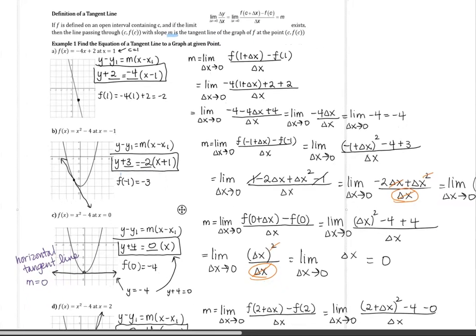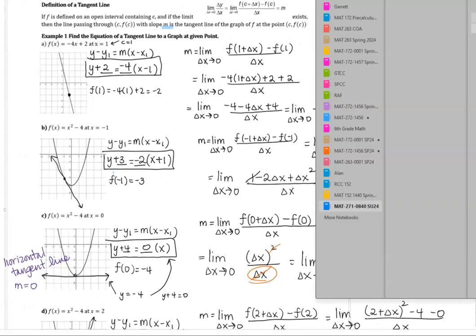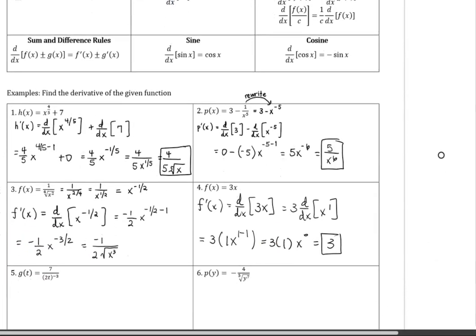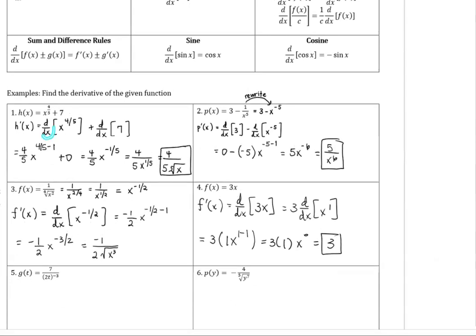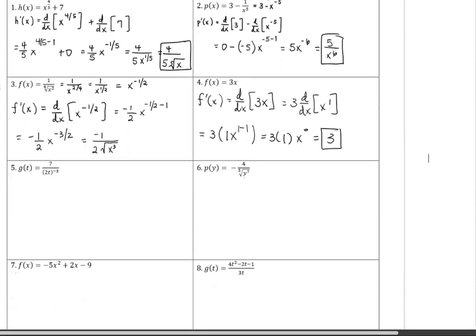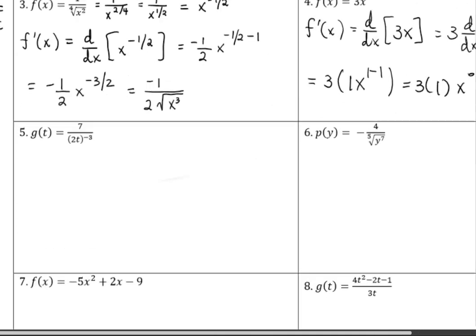That's how we were calculating derivatives back in 2.1. 2.2 comes in and gives us a handful of rules that we can use to get the derivative a lot quicker. Generally speaking, we will not always be writing these derivative operators and taking this step by step. As we get more comfortable taking derivatives, you'll be able to jump in a lot quicker.